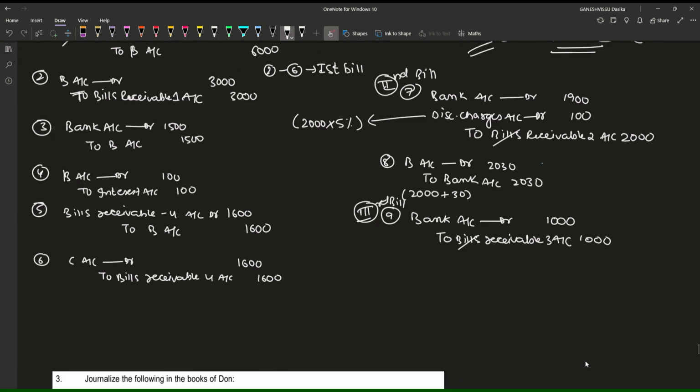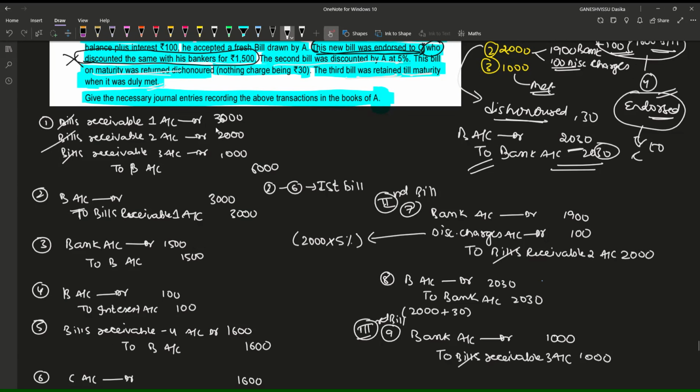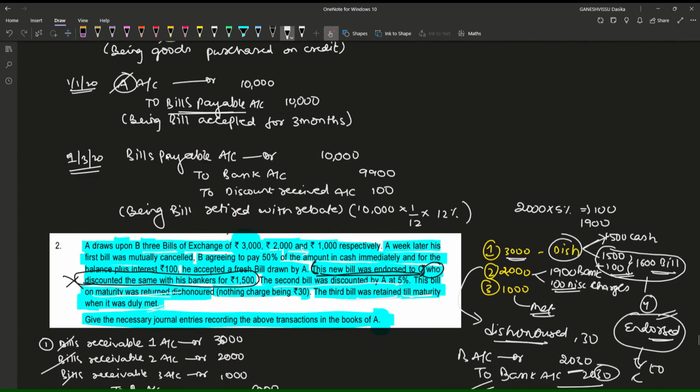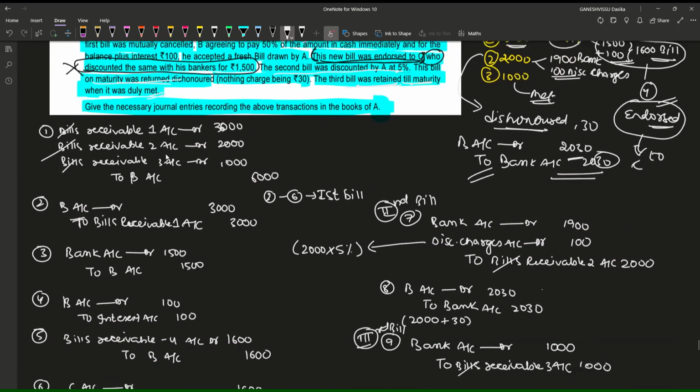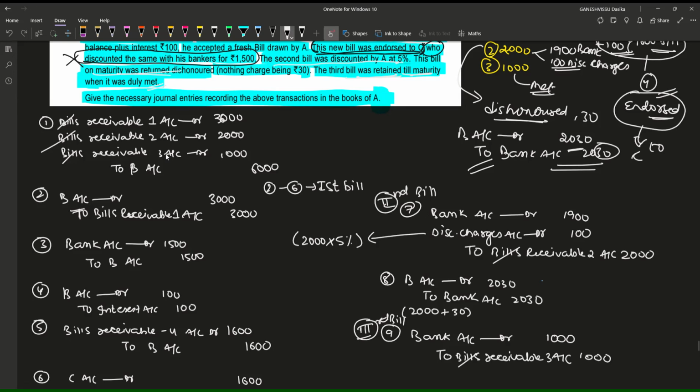So let us write the narrations here. The first entry, what is the narration? Being three bills drawn and acceptance received. Second entry: being the first bill is honored.